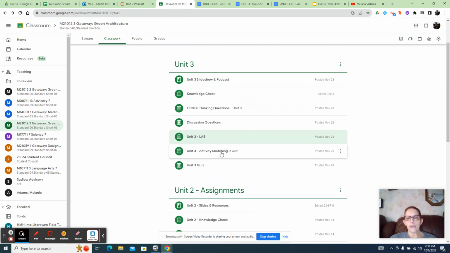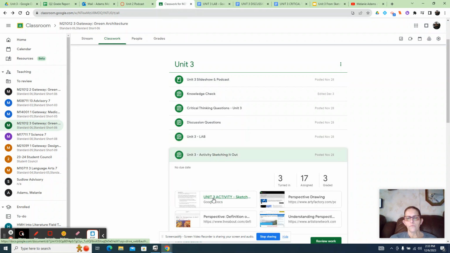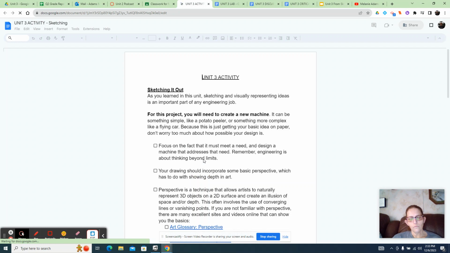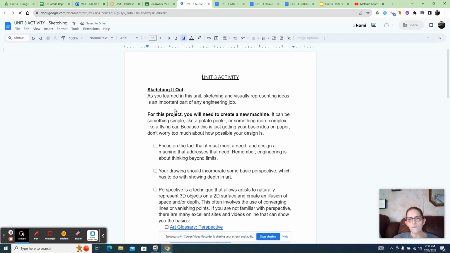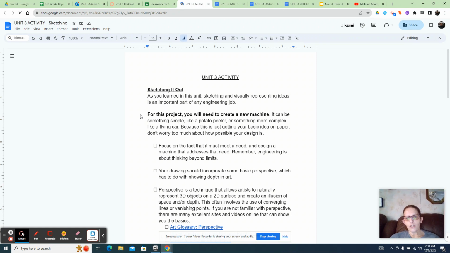And then finally, sketching it out. So on this one, sketching is using visual representation for an idea. So you're going to need to create a new machine. It can be something simple, this potato peeler, or something like a flying car.